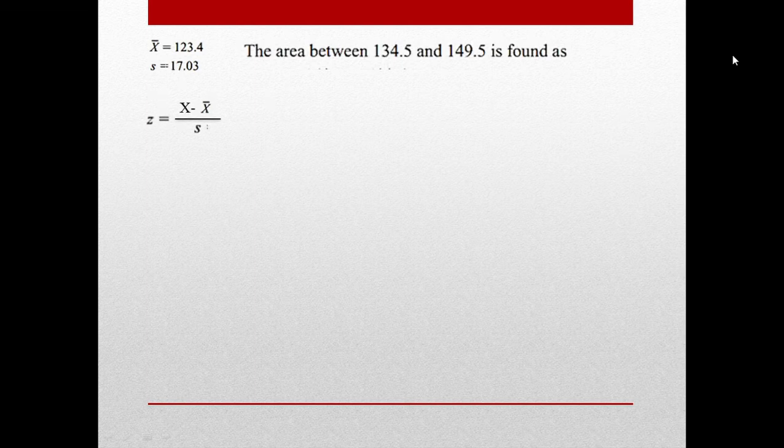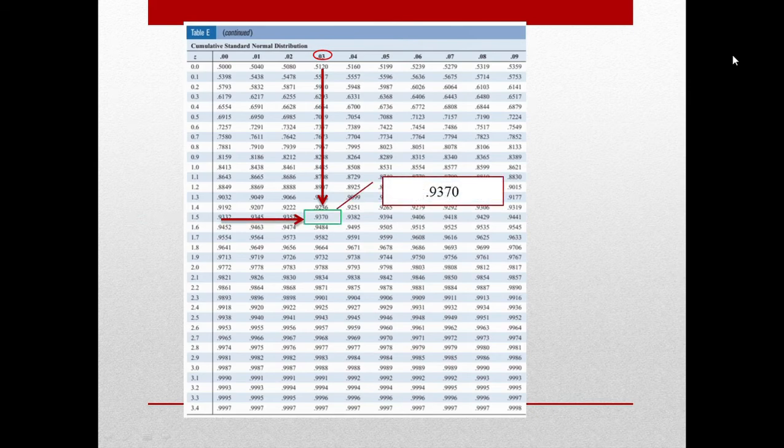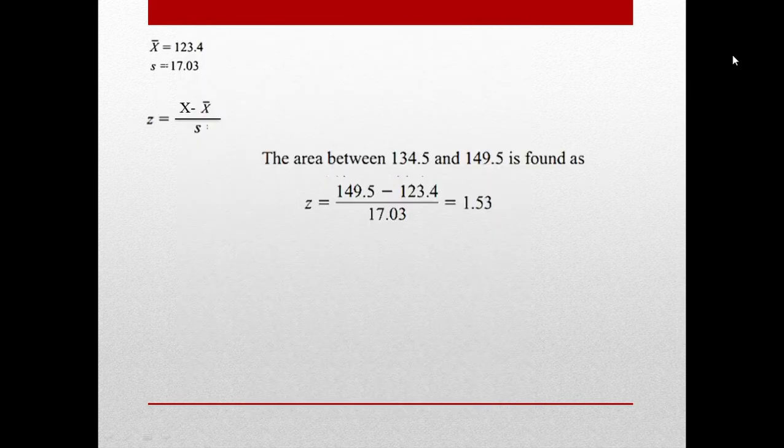Next, the area between 134.5 and 149.5 is found as 149.5 minus 123.4 all over 17.03, which is equal to 1.53. Using table E, 1.53 is 0.9370.